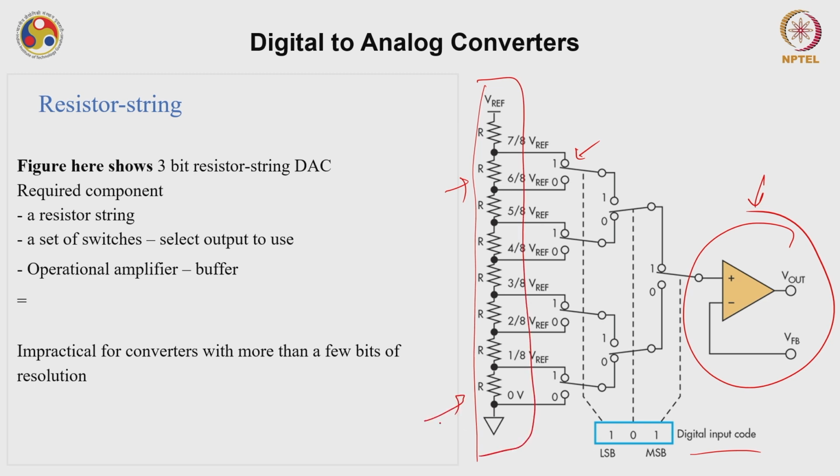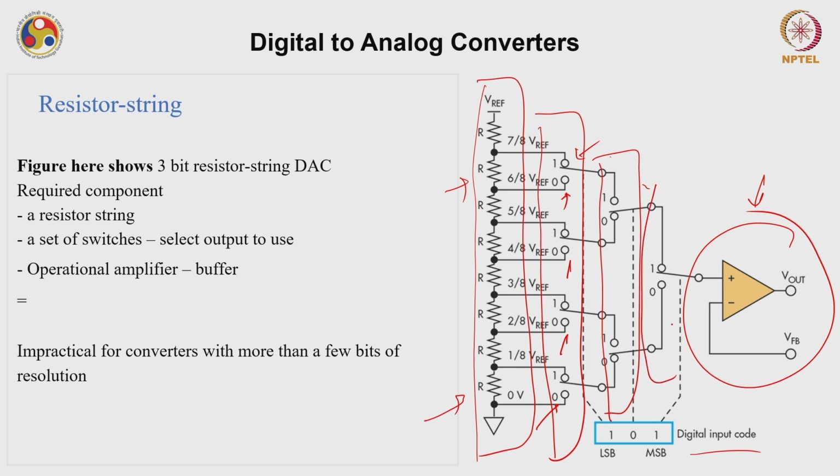These are the switches that I was talking about: switch 1, switch 2, switch 3 and switch 4. Similarly these are also switches, this is another switch, and this is the last stage switch.